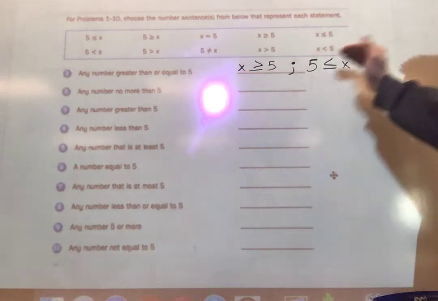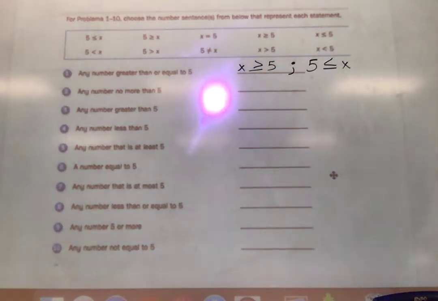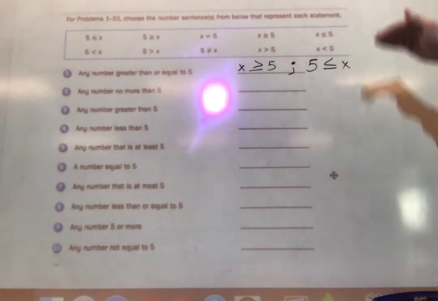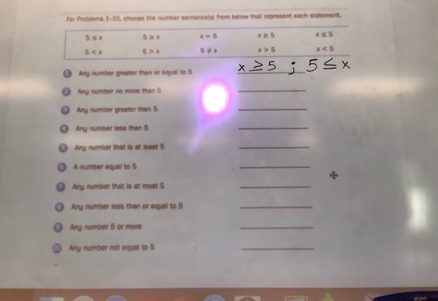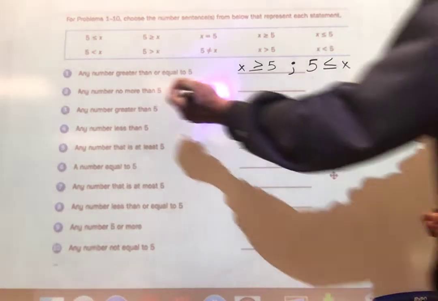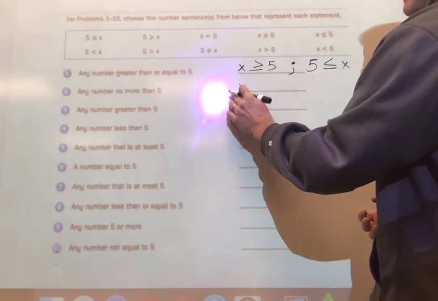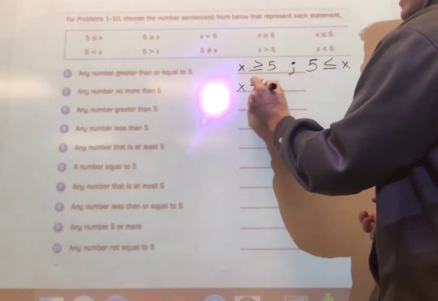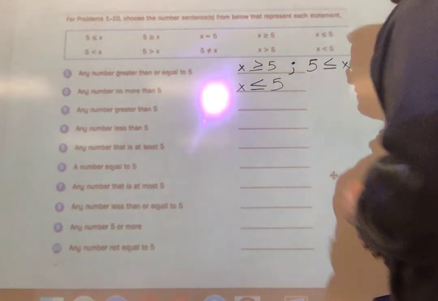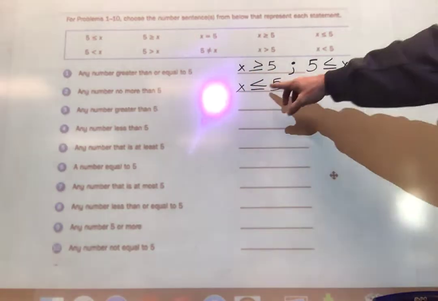Number 2, and guys, by the way, you can use these more than once too, okay, so I'm not going to cross them off. Number 2, any number no more than 5. So any number, we'll call x. No more than 5 means it can be 5. So it has to be less than or equal to 5.